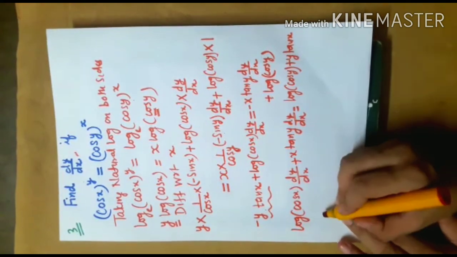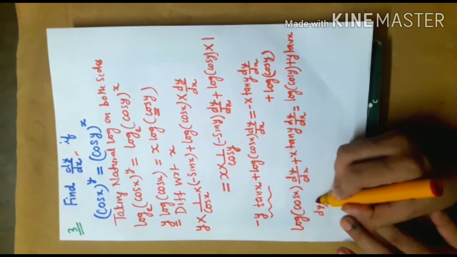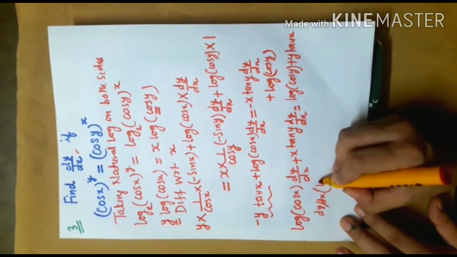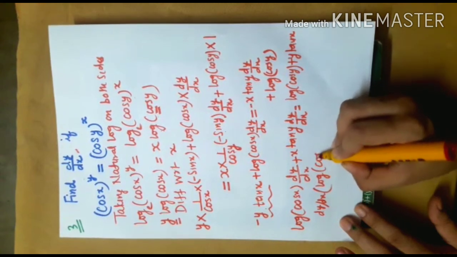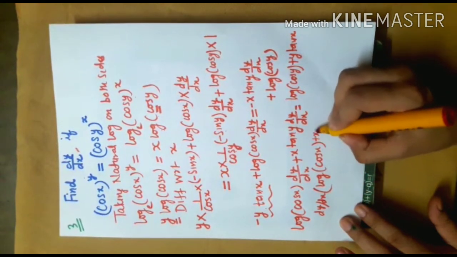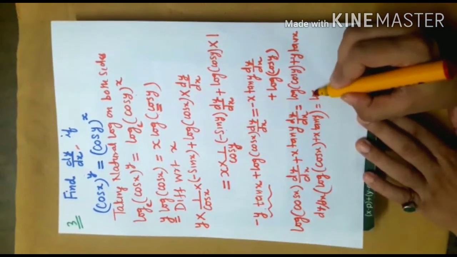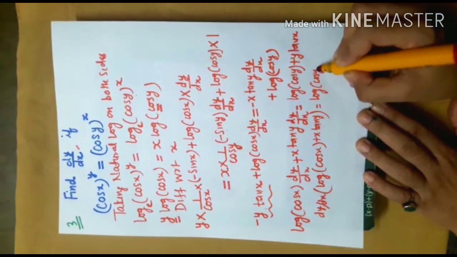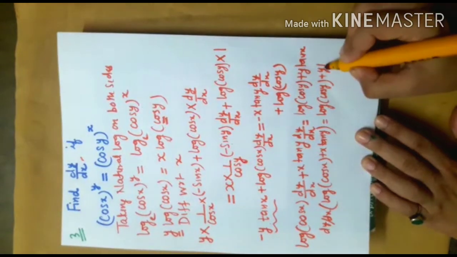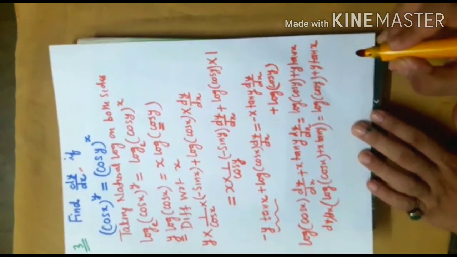So from here I can take dy by dx common. I'm left with log cos x plus x tan y equals log cos y plus y tan x.